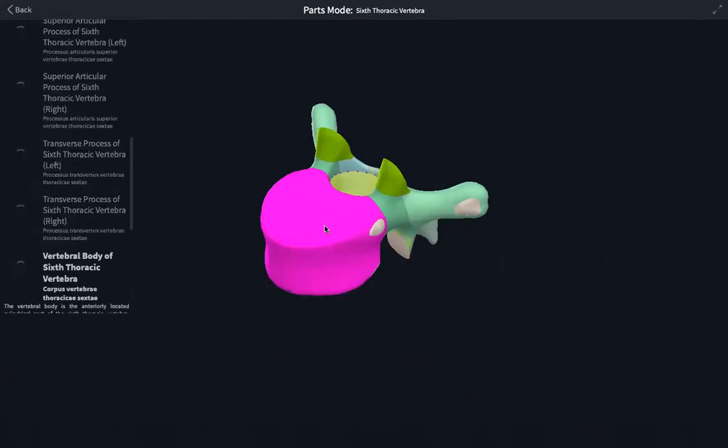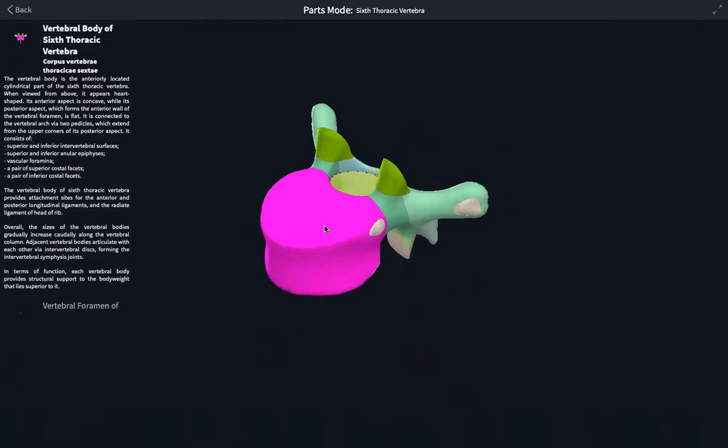Now this portion here is the body or the centrum. I repeat, this is the body or the centrum in pink color. That is the main cylinder or the main part of your vertebral column.